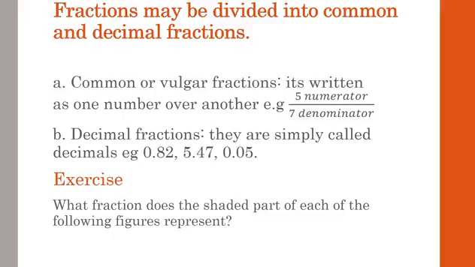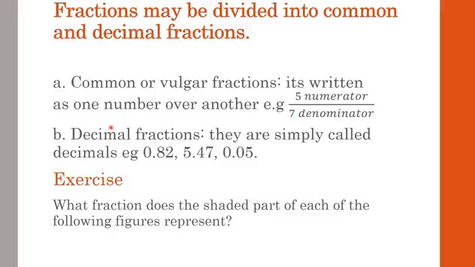A common or vulgar fraction is written as one number over another. The one on top, which is this 5, is called the numerator. The one below is called the denominator, which is 7.